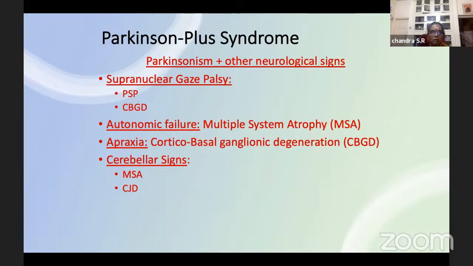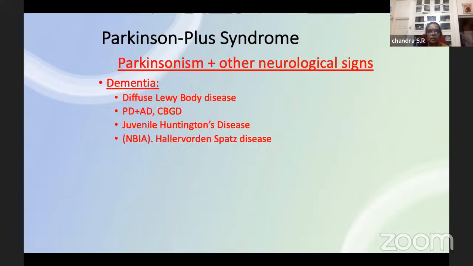Under that, we have all these conditions, and with each one of them you make a diagnosis, whether it is PSP, or you look for autonomic functions, praxis, cerebellar signs, and dementia. So you have dementia with Parkinsonism: diffuse Lewy body disease, with visual hallucinations, dementia and Parkinsonism, and PD plus AD overlap syndromes.